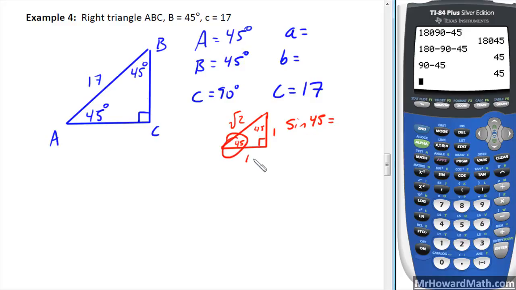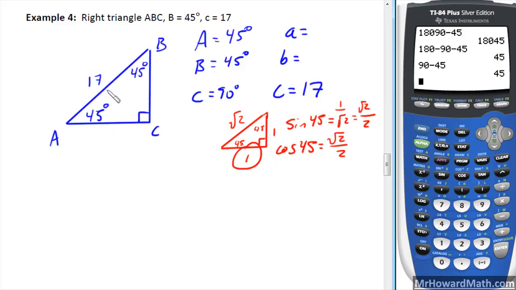So if I'm using this angle, the opposite would be 1. The hypotenuse would be square root of 2, and we rationalized it as square root of 2 over 2. In similar fashion, cosine of 45 from this angle is equal to the adjacent over the hypotenuse. So when you rationalize that, you get the same thing, so square root of 2 over 2. And we're going to use that information in just a moment.